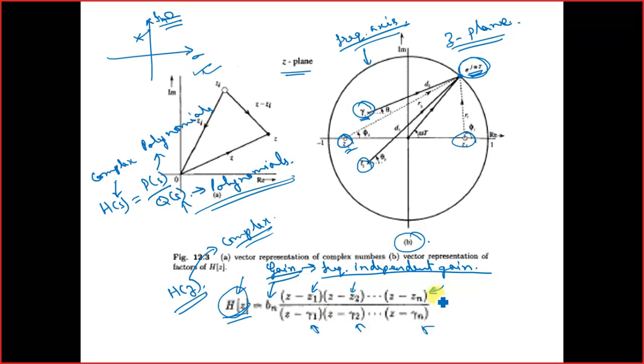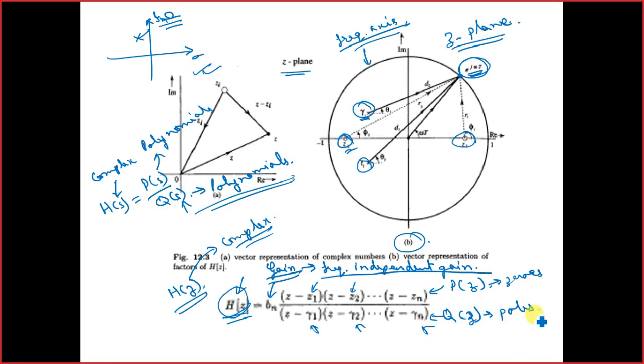So the roots of P(z), if we find them out, are called the zeros of the system. And if we call this lower polynomial Q(z), its roots are called the poles of the system. Okay.